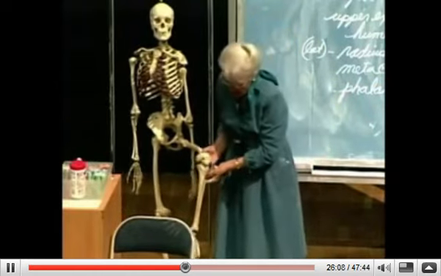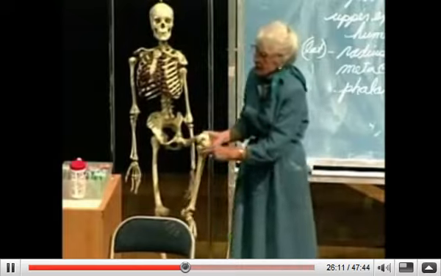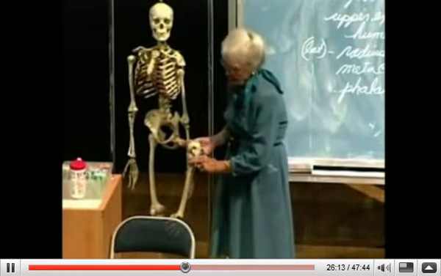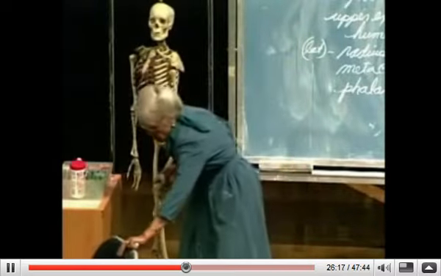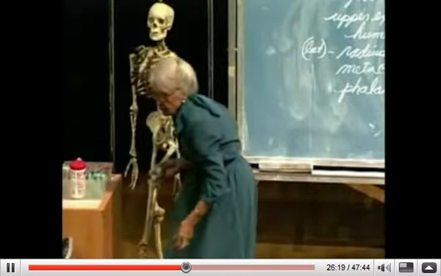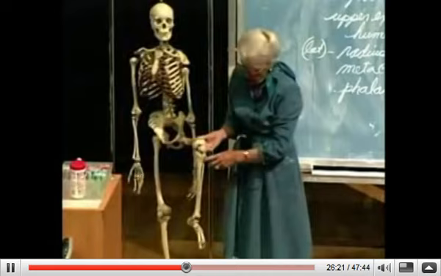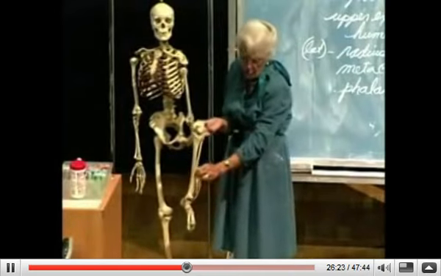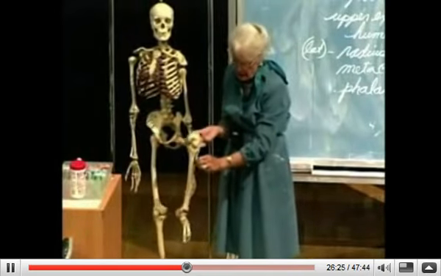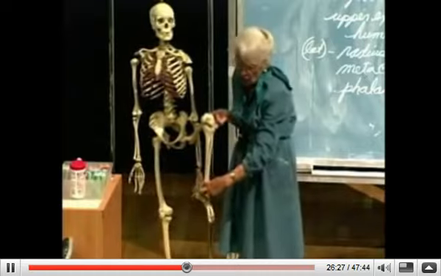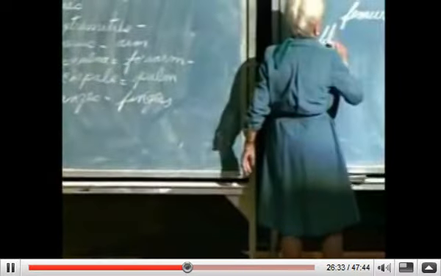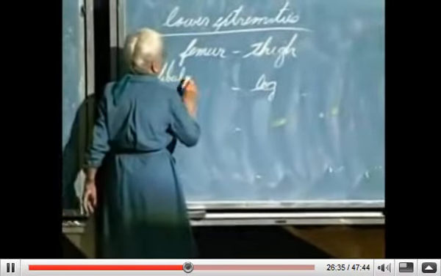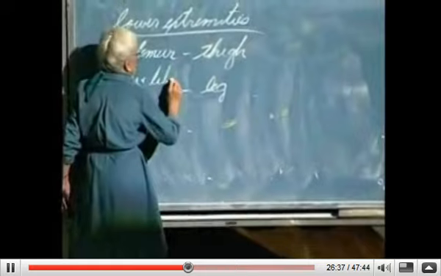Right. So here is the leg. And laterally, we have the long, thin bone, which is the fibula, and the medial bone, which is the tibia. So the leg is the fibula and tibia.